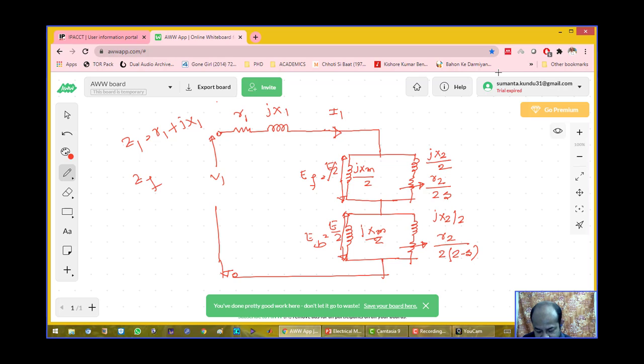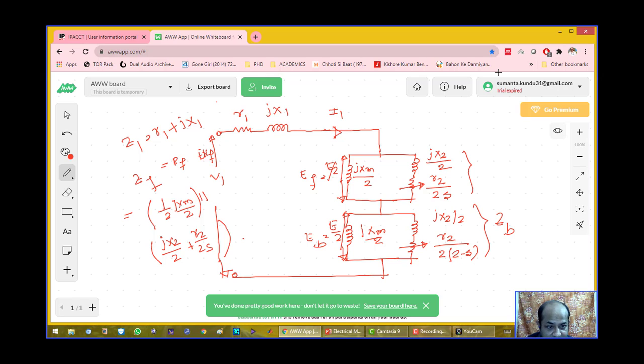So ZF equals RF plus JXF, which equals JXM by 2 in parallel with the series combination of JX2 by 2 plus R2 by 2S. Similarly, this is represented by the backward impedance ZB.